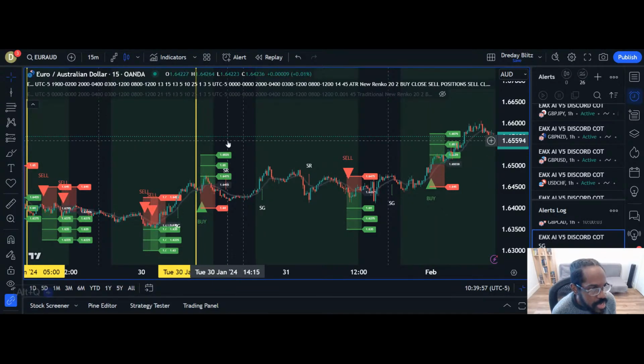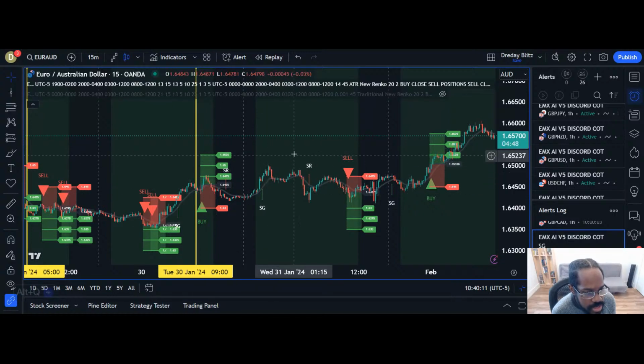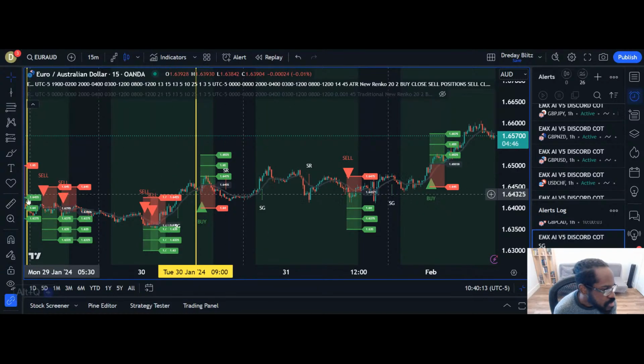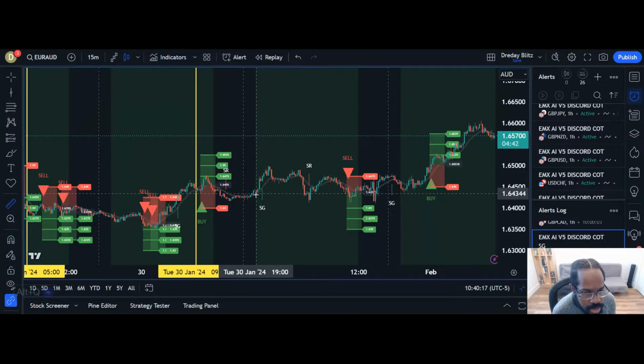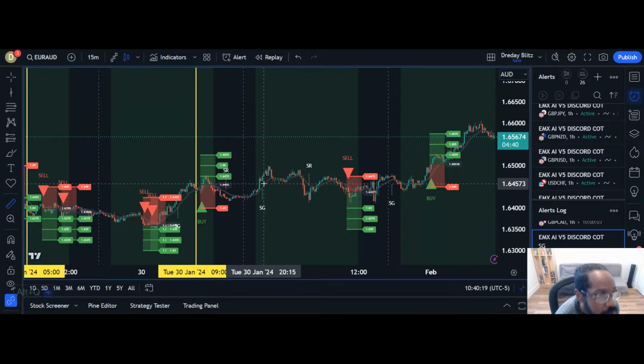Because on average, like for G odd, if you're taking the trend off of the 4 hour, on average it takes maybe 20 to 50 pips movement off of the SGs. So 50 pips here, off of this one, for example, this is the 15 minute.